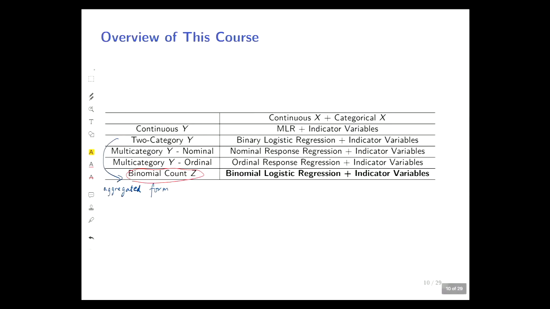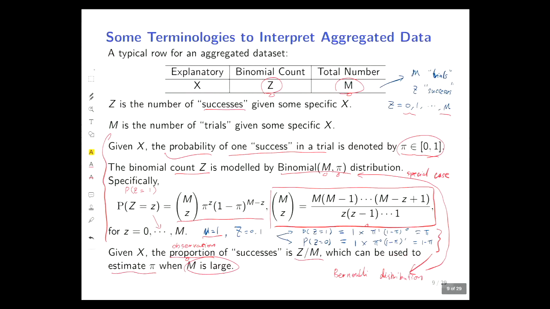So we have already talked about the binomial distribution. So what's the binomial distribution? Basically, this equation describes the binomial distribution. That means we model the probability of each value of z by using this equation.